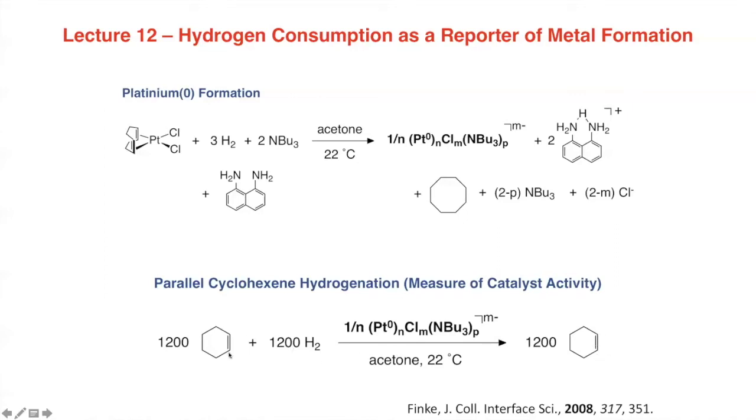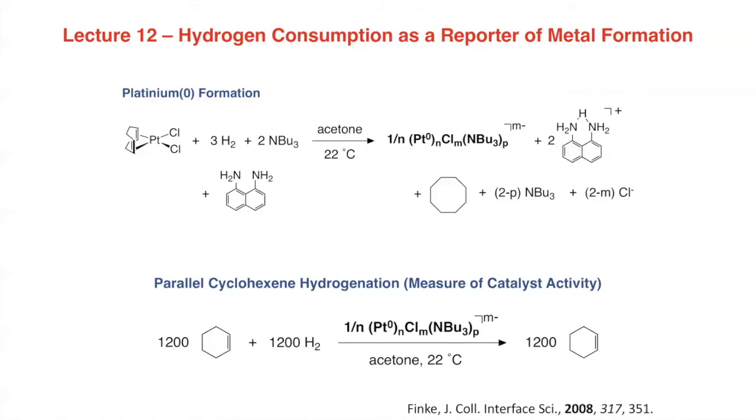So he's hydrogenating cyclohexene to cyclohexane. And what Finke says is, hey, this hydrogenation process gets faster with time as I deposit platinum zero. And so I can use this cyclohexane formation reaction or the hydrogen consumption process to monitor the production of metal.